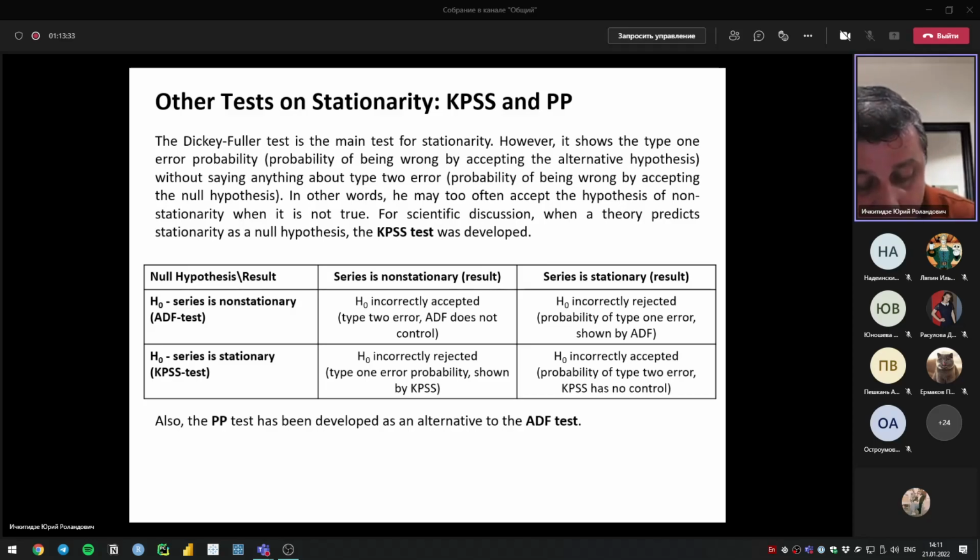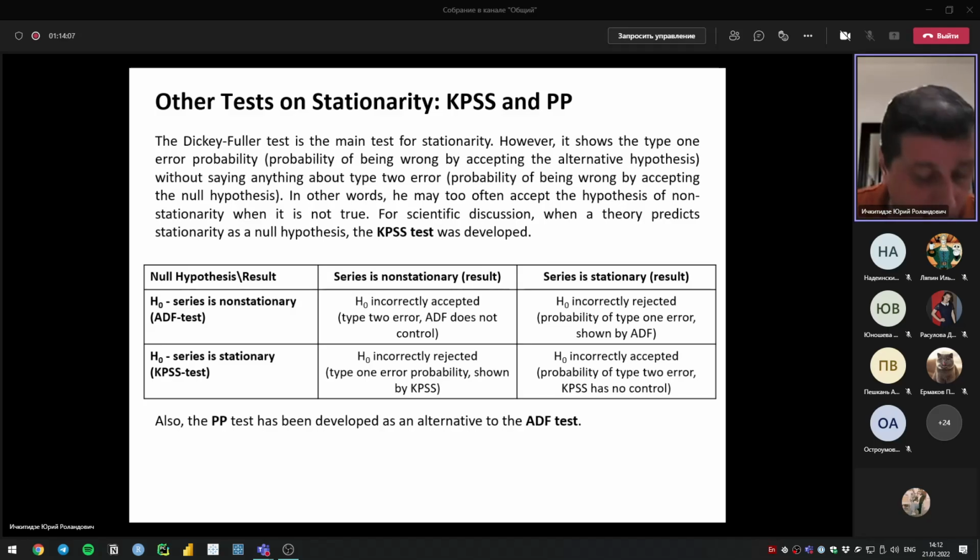It was developed on the basis of the theoretical hypothesis that the series is stationary. That is, when we have theoretical grounds to believe that the series is stationary, then we apply the KPSS test. And it accordingly controls the probability of a type 1 error, that is, the probability that we incorrectly reject H0.